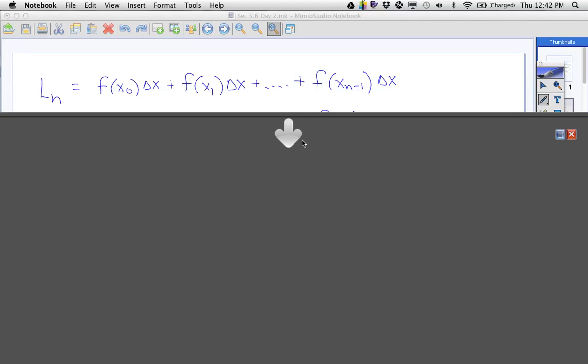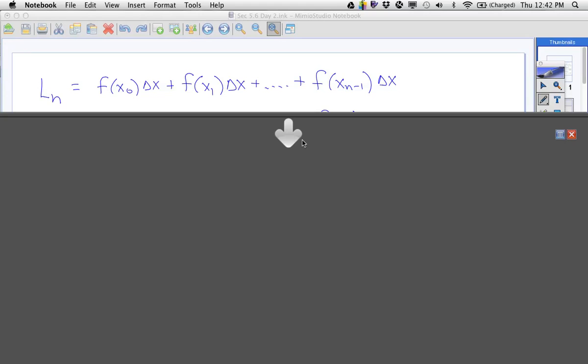We want to be able to refer to these without having to draw a picture every time, even though you drew some really great pictures. It's not going to be necessary all the time. In our next quiz there will be some problems where you draw left rectangles, midpoint rectangles, and so on, but also some problems where you just give me an approximation without drawing a picture.